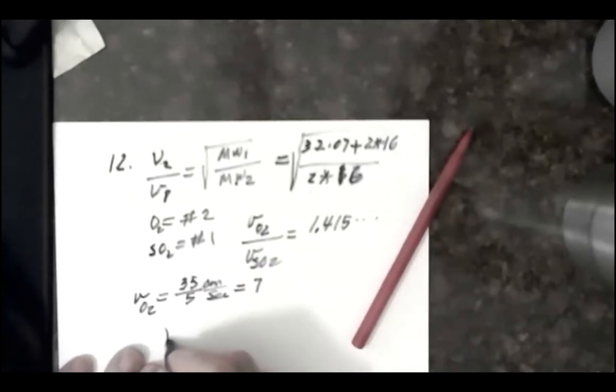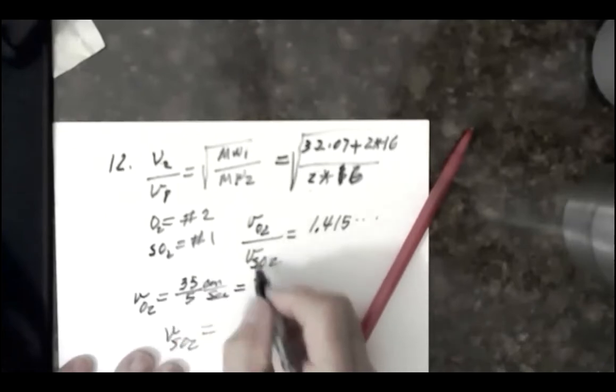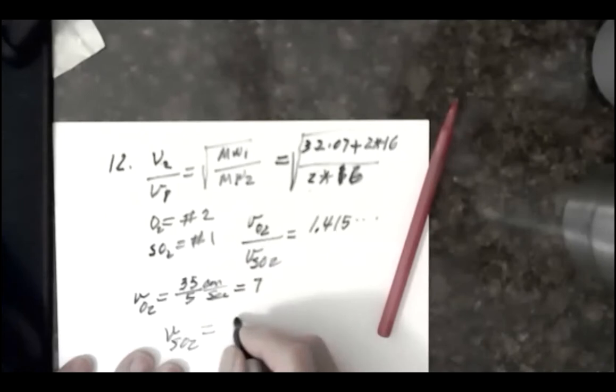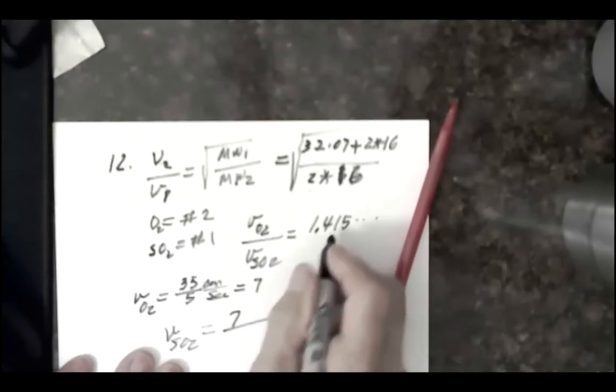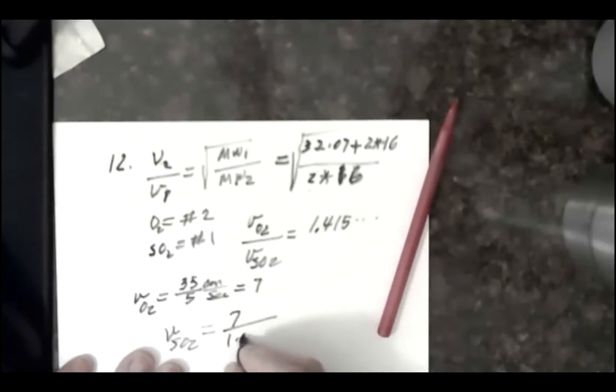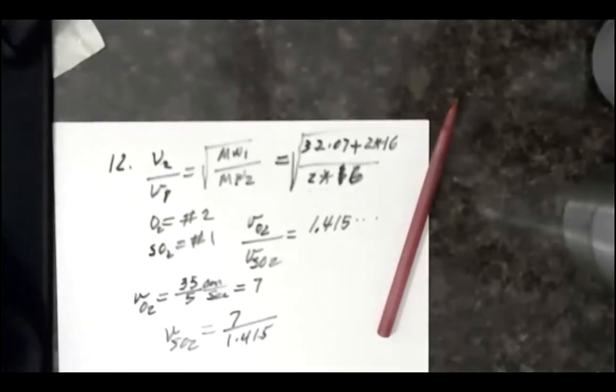So the velocity of the SO2 then is going to be 7 divided by my answer from over there at 1.415.